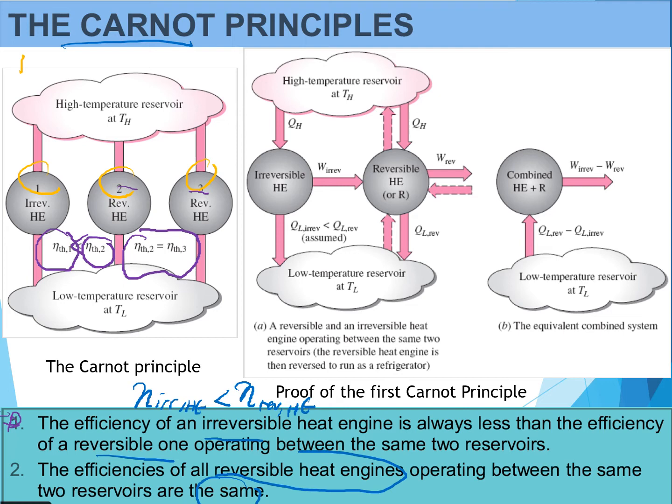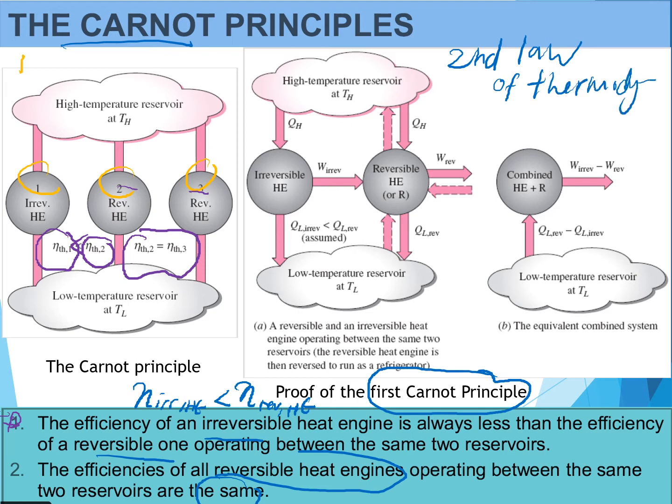This figure proves that a violation of the first Carnot principle will violate the second law of thermodynamics. Okay, what is the first Carnot principle? According to the first Carnot principle, the efficiency of an irreversible engine must be less than the efficiency of a reversible one.